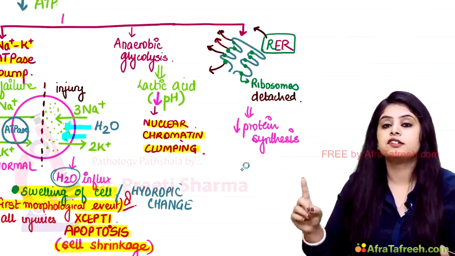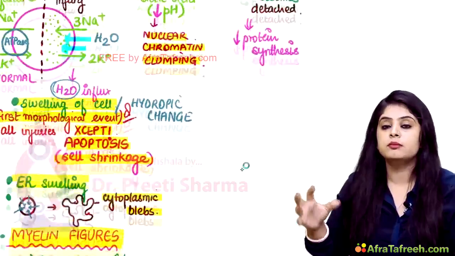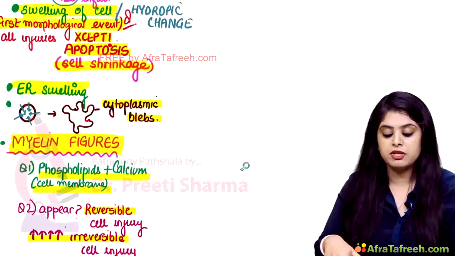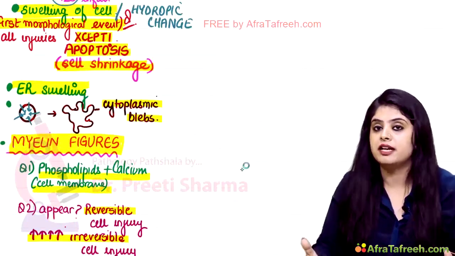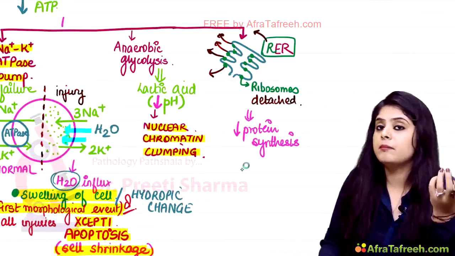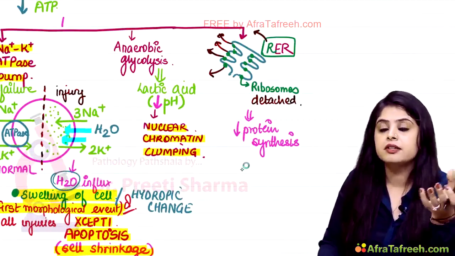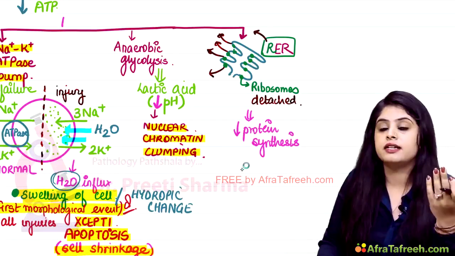That gives us our first morphological event, that is hydropic change. With more of that, finally we have formation of myelin figures, which are composed of phospholipids and calcium. Other than this, the nuclear chromatin undergoes clumping because there is an acidic environment. And finally, the protein synthesis goes down because the ribosomes are detached.